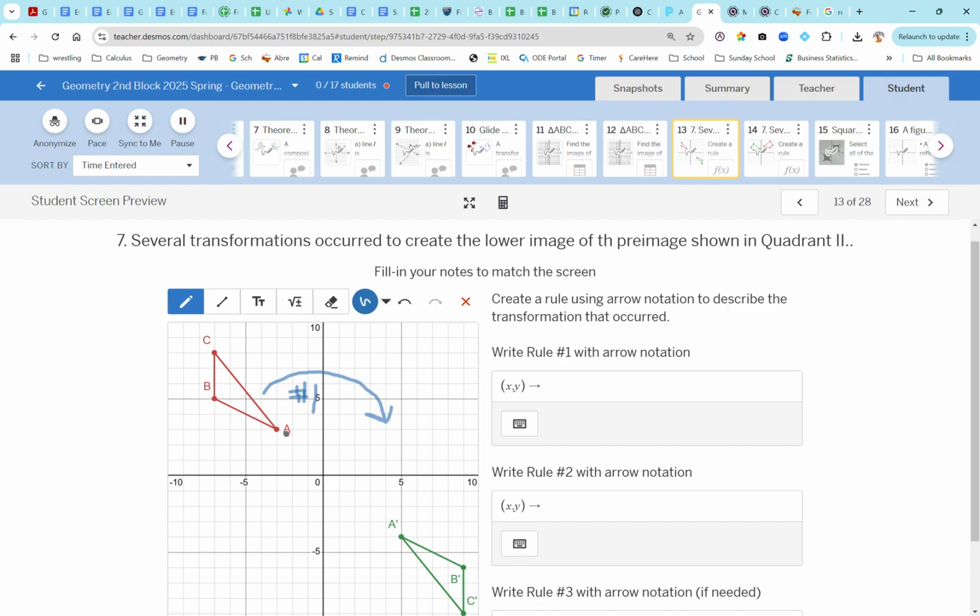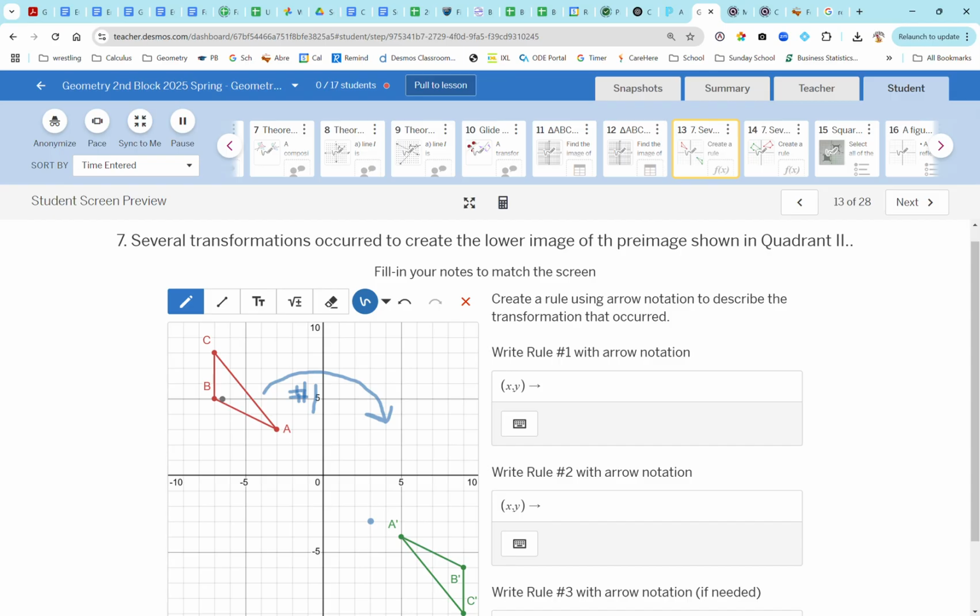But you'll notice when we rotate A 180 degrees, it's at negative 3, 3, and it's going to end up at 3, negative 3. Oops, that's not getting us all the way to here.